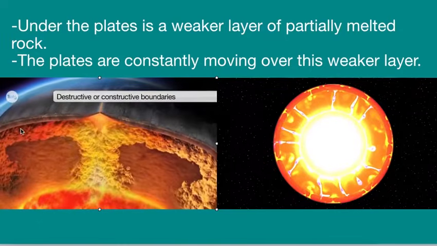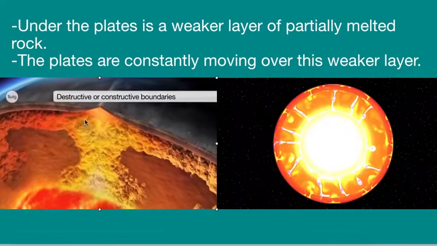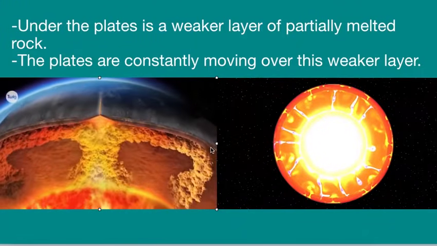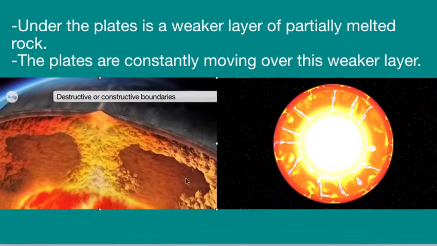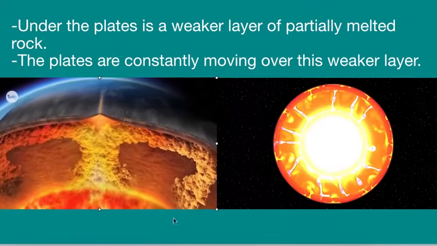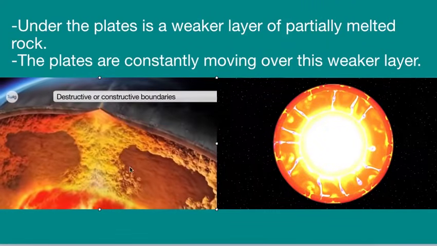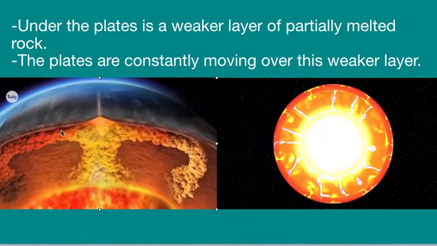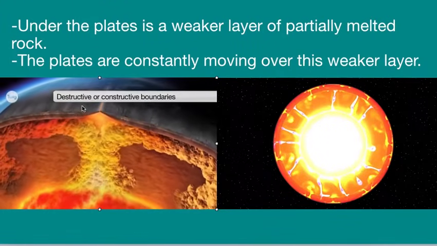This layer is where the asthenosphere sits, and then there is also a process in the mantle wherein convection current happens, wherein heat circulates around the mantle. When the heat circulates in the mantle, it heats up the asthenosphere, thus making the very thin crust move.